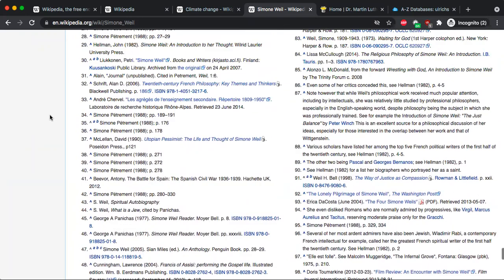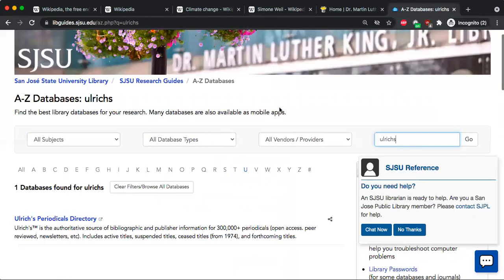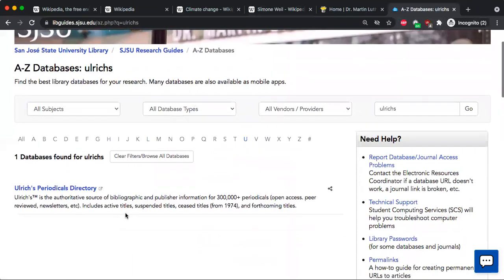an easy way to find out whether they are peer-reviewed or not is to go to the SGSU King Library's homepage. From there to see databases, look for a database named Ulrich's Periodicals Directory.